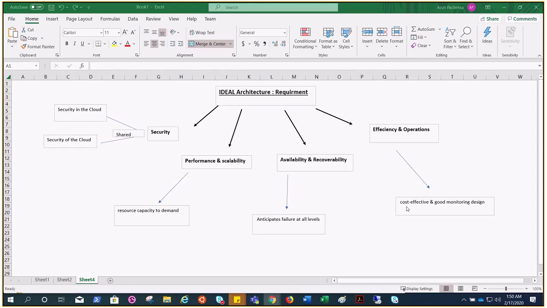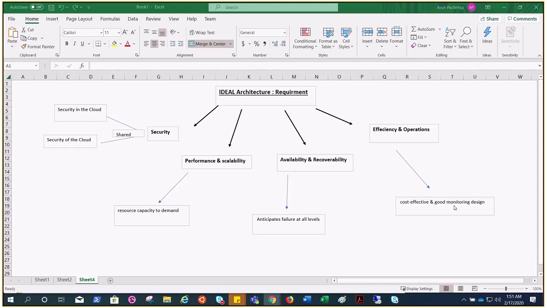So it should be cost effective, and we should have a good monitoring design, right? Because we don't want our customers calling back and saying there is a failure. If there is a good monitoring design in place, we would have that information prior to the customer, and before the customer comes to know, we would fix it.